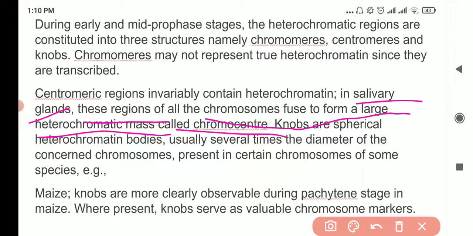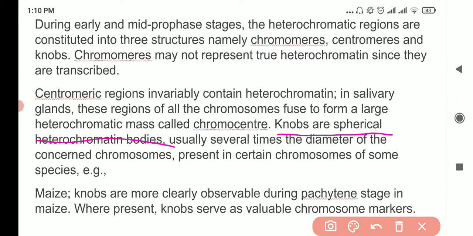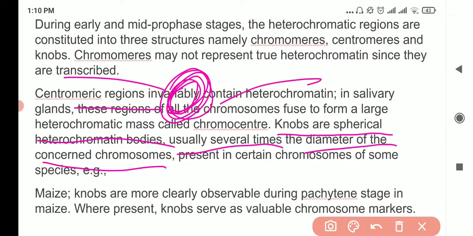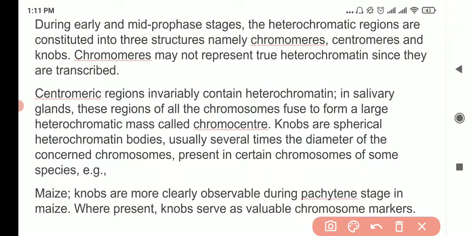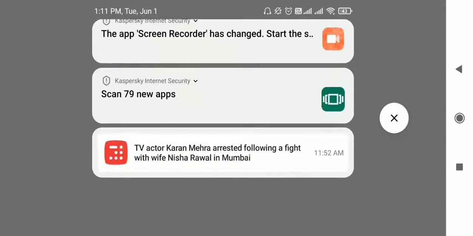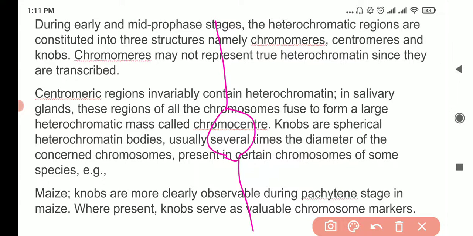Then knobs. Knobs are spherical heterochromatin bodies, usually several times the diameter of the concerned chromosome. So knobs are heterochromatin, but they are spherical in shape, and the diameter is large, because if this is your normal chromosome and a knob is something like that, obviously the diameter of the knob is bigger than the diameter of the rest of the chromosome.